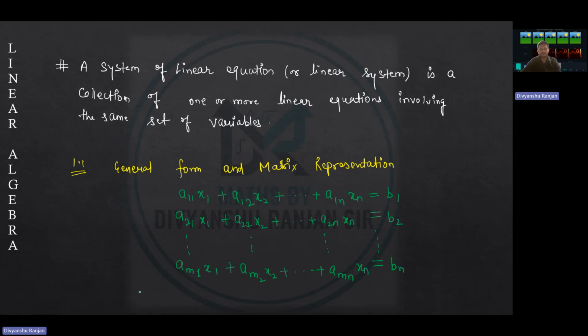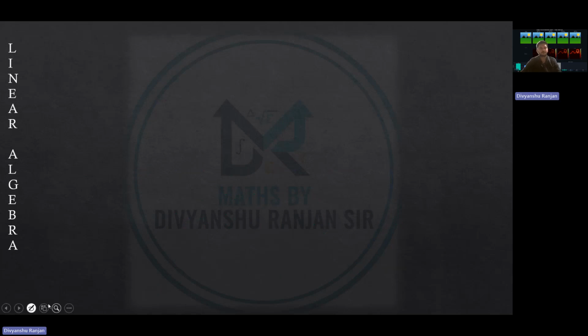Okay, so this system can be represented in the form of a matrix like this. The representation is basically Ax = b. Here A is the coefficient matrix, x is the vector of unknowns, and b is the constant vector.